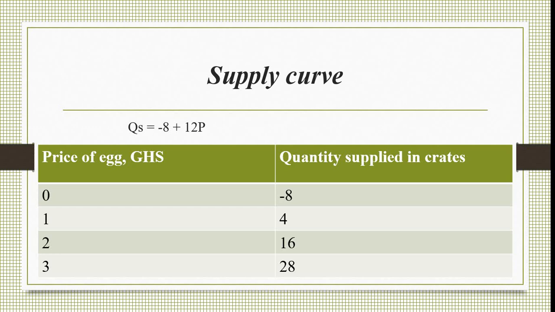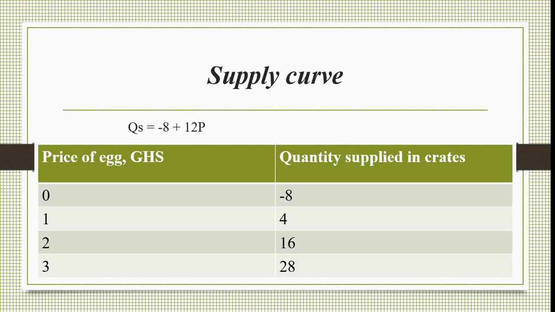So you see that the suppliers are not willing to put their eggs on the market, because that will be very, very bad, as you are going to supply at free cost. You're not going to get anything in return. Suppliers don't get anything since the price is zero.